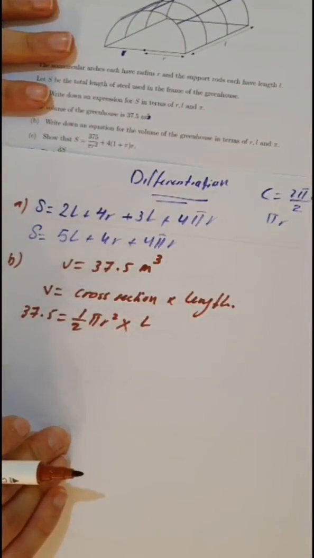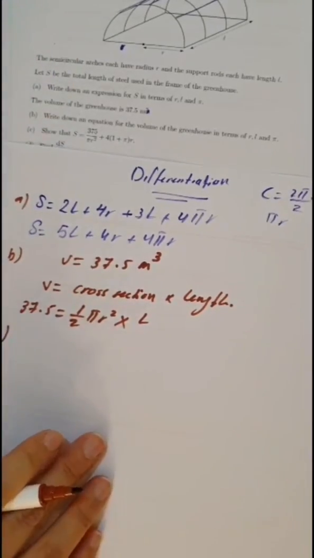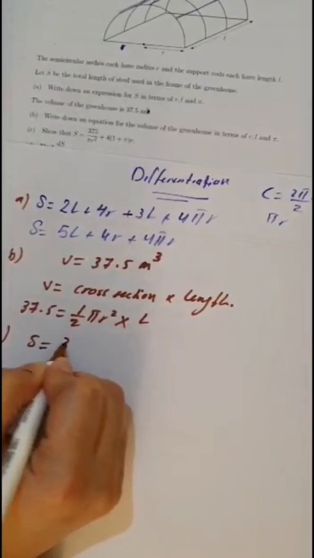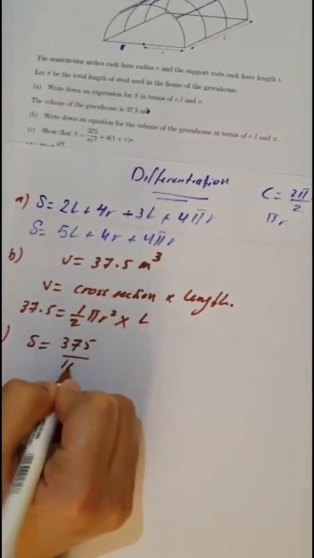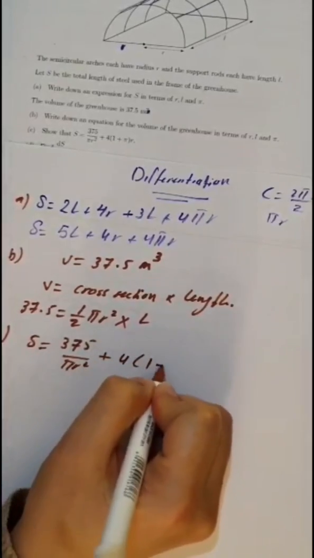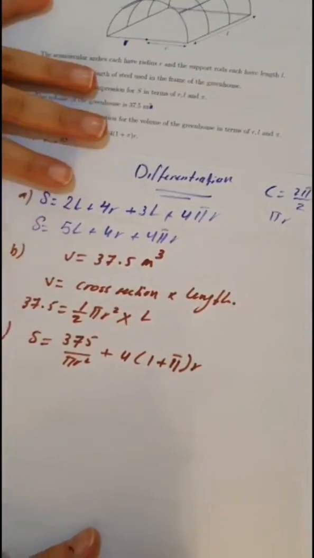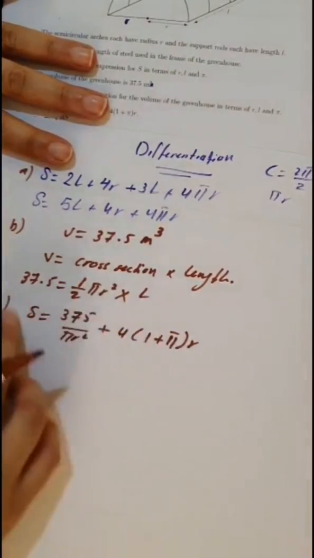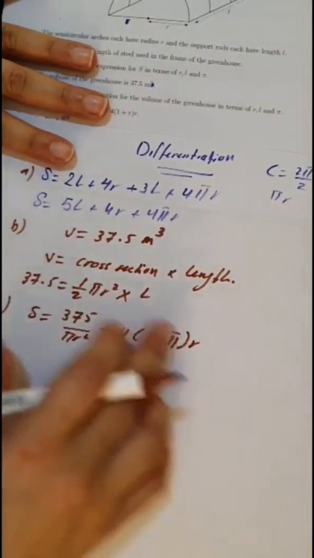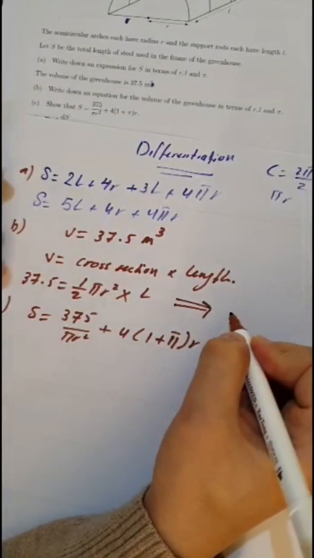Okay, I'm going to go for the third part in this question. In the third part, they want me to prove that S equals 375 over pi r squared plus 4 multiplied by 1 plus pi multiplied by r. First of all, if you can see in this equation, we don't have any more L. So in this case, I'm going to go back to this equation and put L alone on one side.